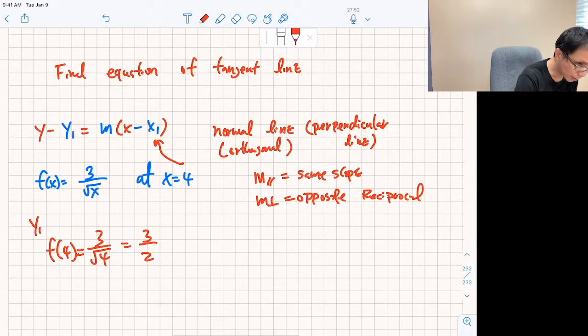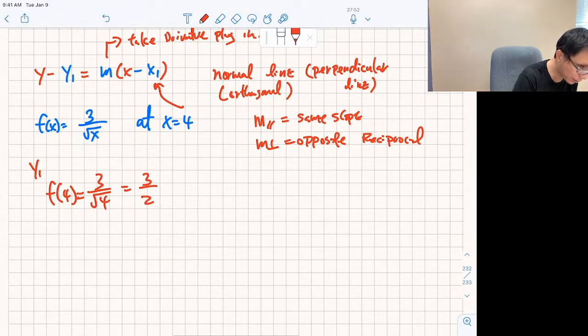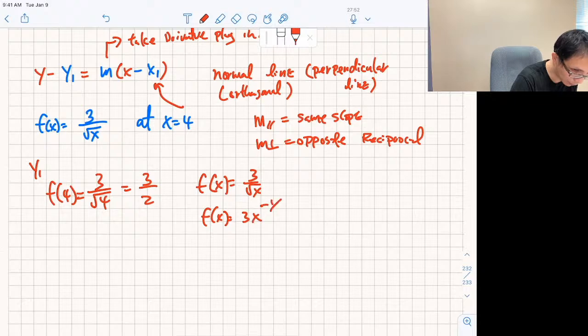The slope is going to be taking the derivative and plugging in the x value. Before I take a derivative, I say f of x is equal to 3 over square root of x, so f of x equals 3x to the negative 1/2, because I have to move it to the top in order to take the derivative. And f prime of x is equal to 3 times negative half x to the negative 3 over 2.